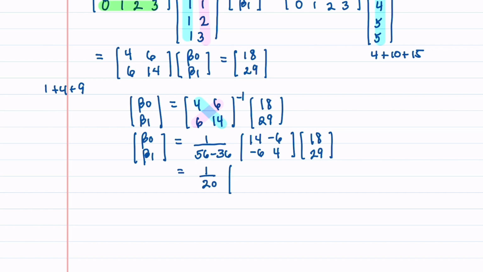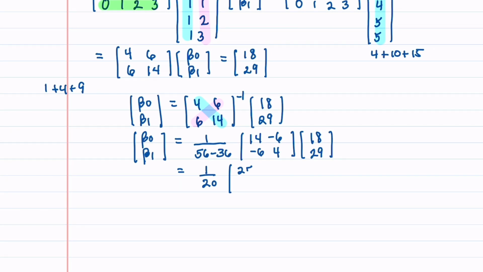Now we're going to go ahead and multiply. 14 times 18 is 252, and we're going to subtract off 29 times 6, which is 174. Then we have a 6 times an 18, which gives us a minus 108. And then we're going to add 4 times 29, which is 116.